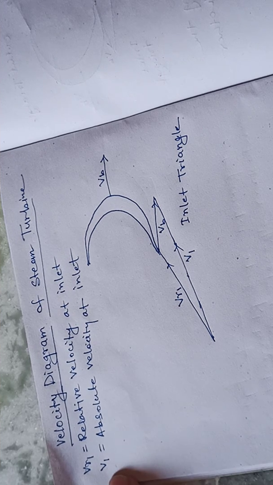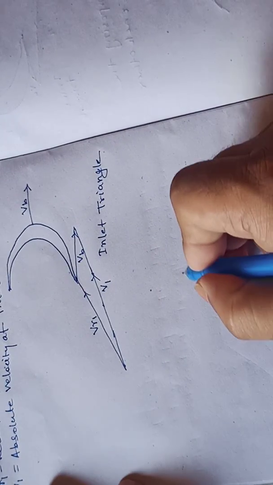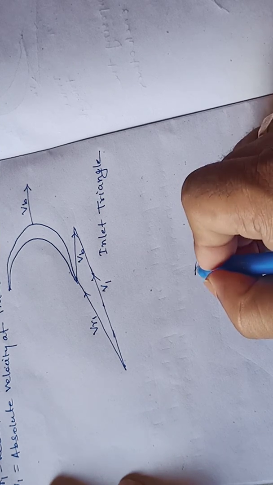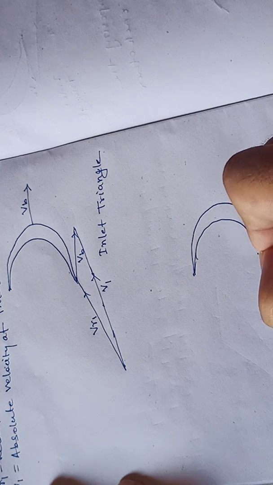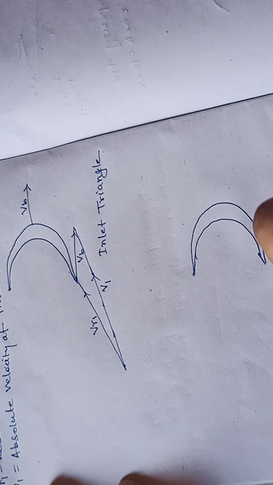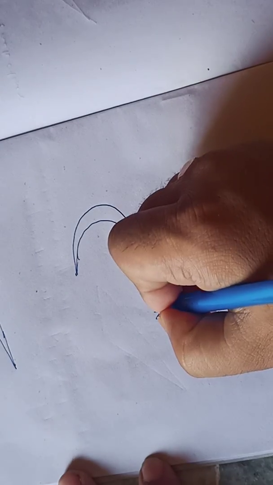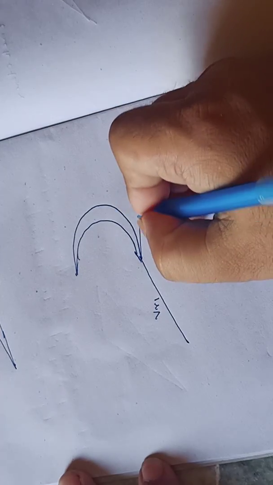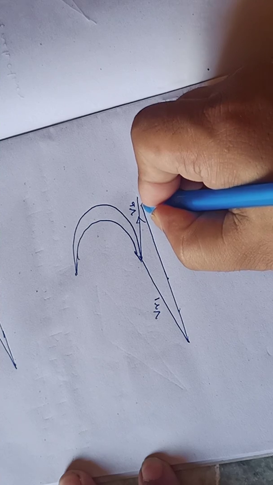Now further, I am drawing this same diagram here. This will be the blade, this is the relative velocity Vr1, and this is the blade velocity Vb, and make this triangle.